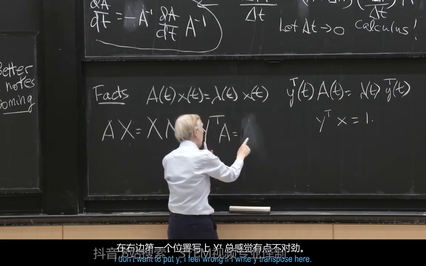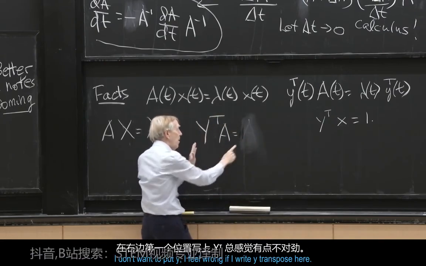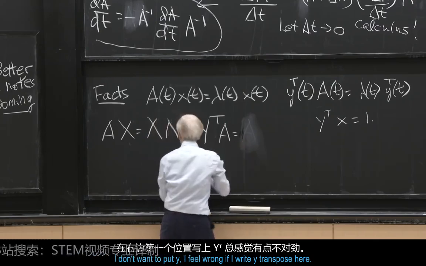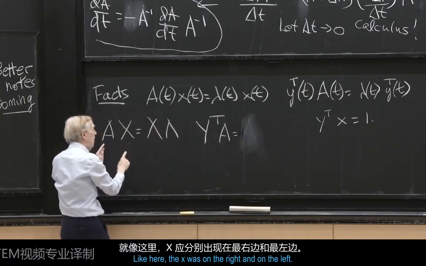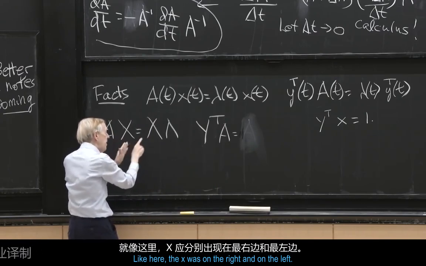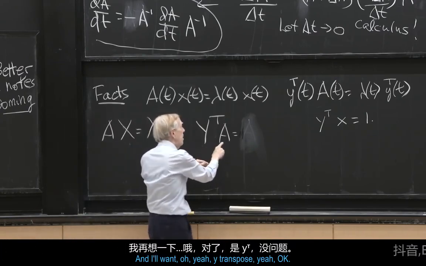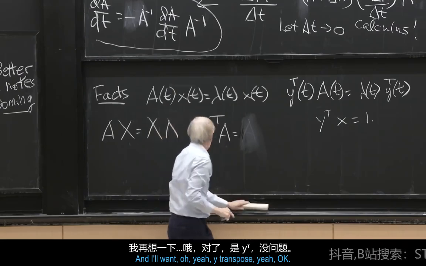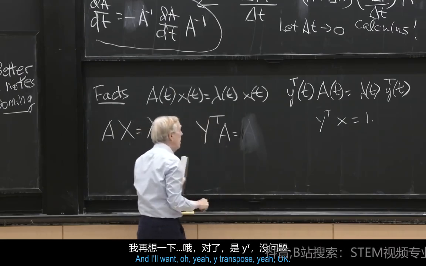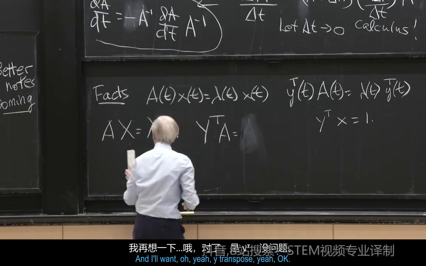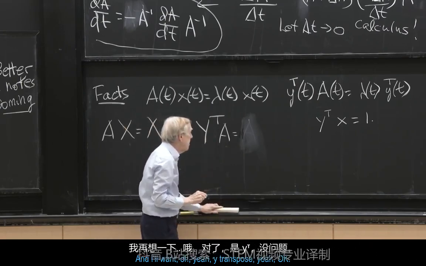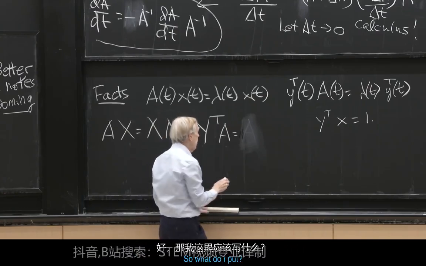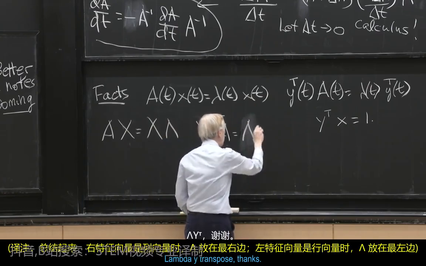I feel wrong if I write y transpose here. Like here, the x was on the right and on the left, and I'll want, yeah. Y transpose, okay. So what do I put? Lambda y transpose, thanks.